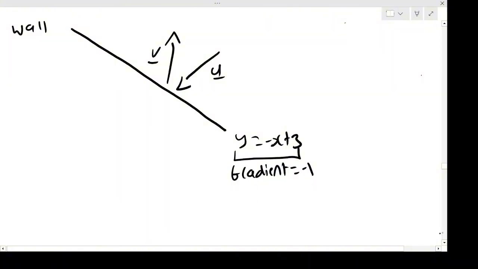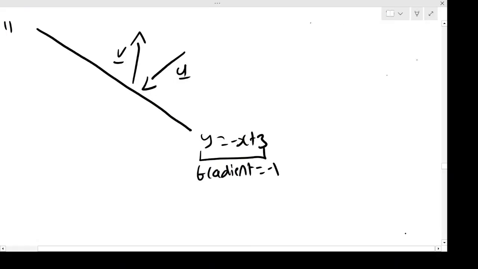So what that's telling me is if the gradient is minus 1 for the wall, then a direction vector for the wall we can take, where the gradient is -1, that tells me how y changes when x changes, right? So the directions of x and y. So if the gradient's -1, then let's say if x is 1, then y would change by -1, right? And there we are, okay?